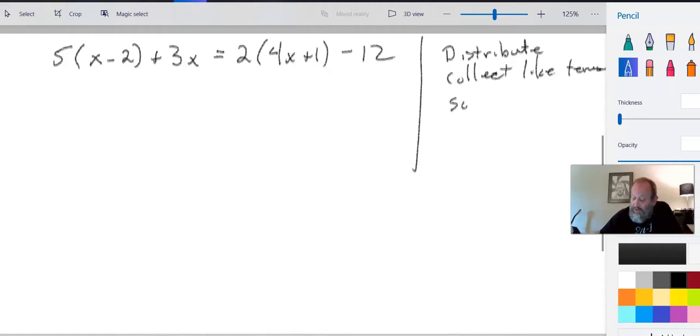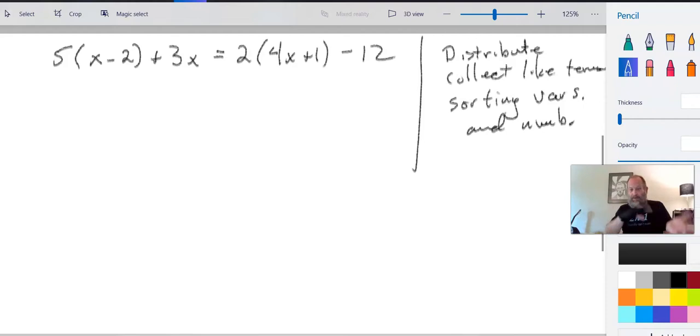And then start sorting the variables and numbers, right? So that's sorting left and right. Variables, numbers, pick a side for x, pick a side for numbers, and just start working that direction. Okay, so go ahead and pause it here, and then we'll discuss the problem once you finish and push play again. Okay, so you're back.